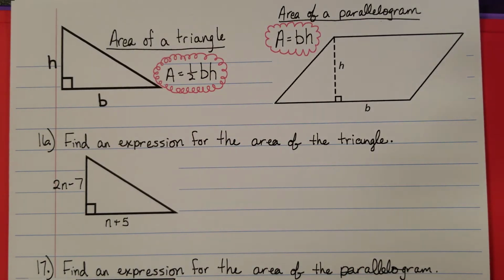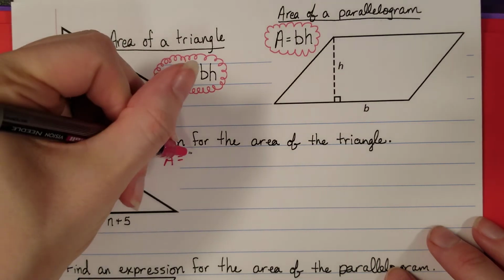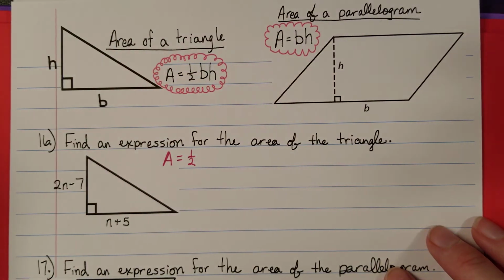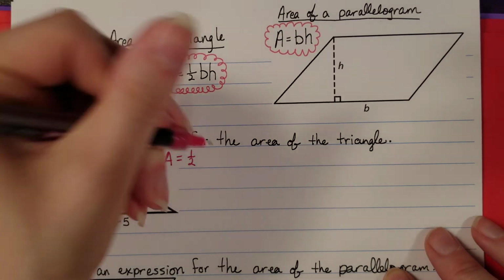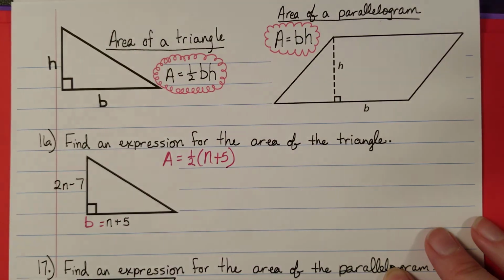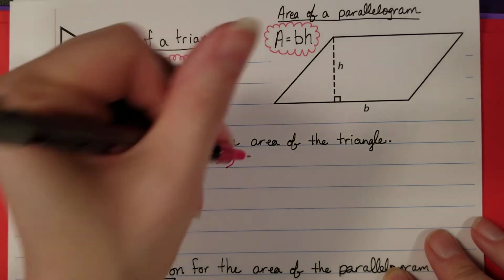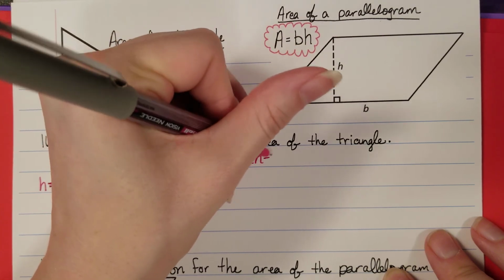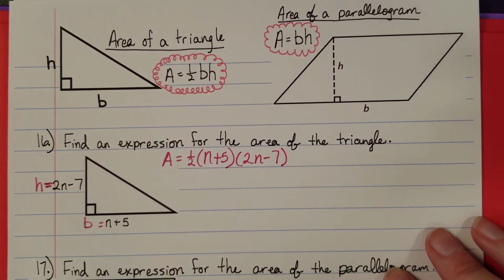Okay, so in this case, A equals 1/2 times the base, which is n plus 5, times the height, which is 2n minus 7. Okay, so I'm going to FOIL.